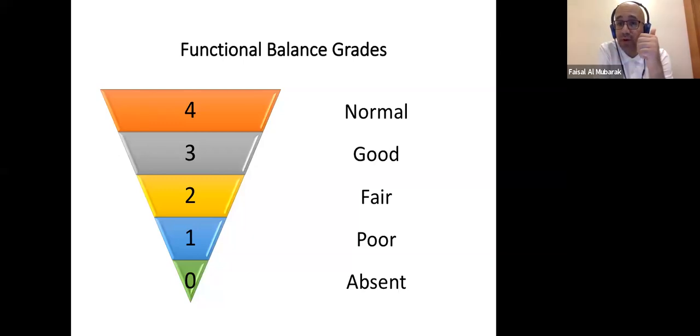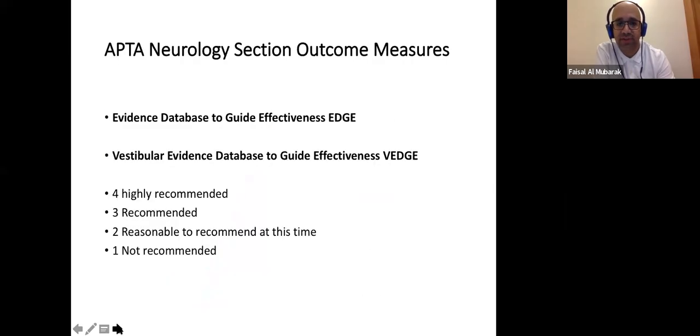Poor, or number 1, is when the person is using a cane and needs to be supported by someone or by the wall. 0 is when the patient has zero balance, relying on the wheelchair, so they cannot move without a wheelchair.